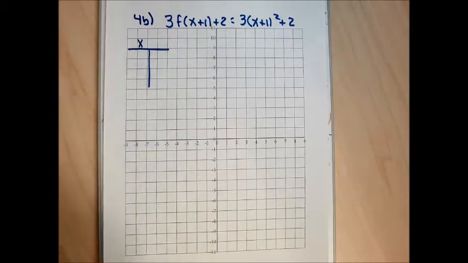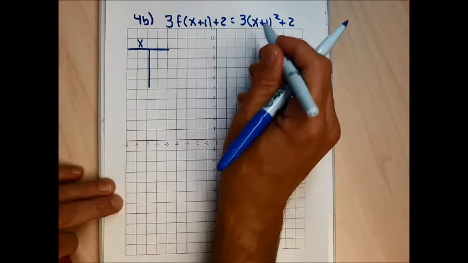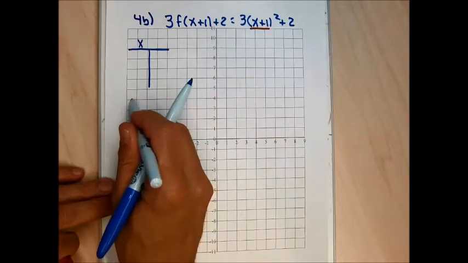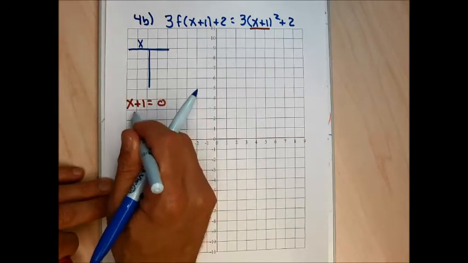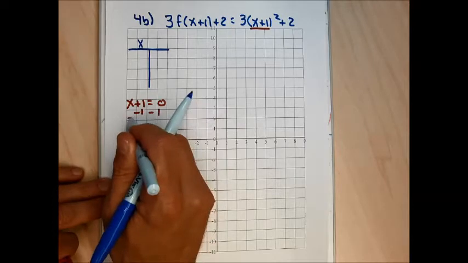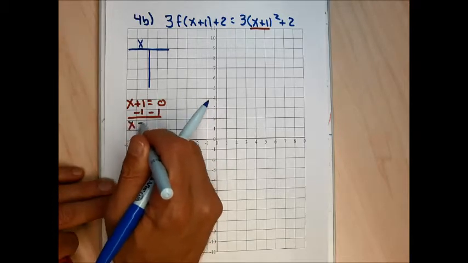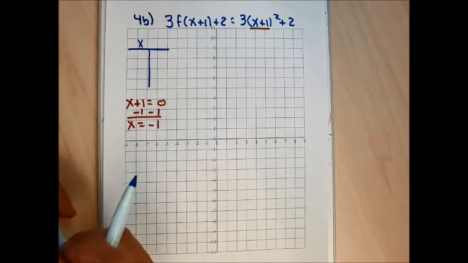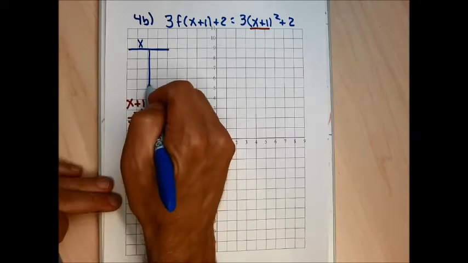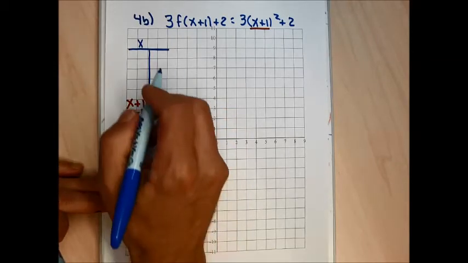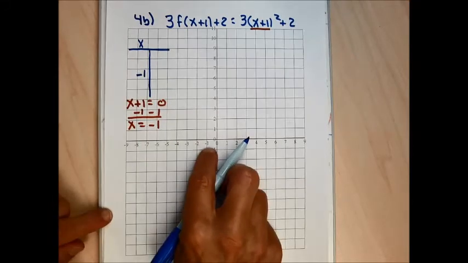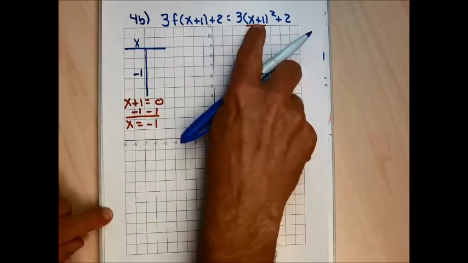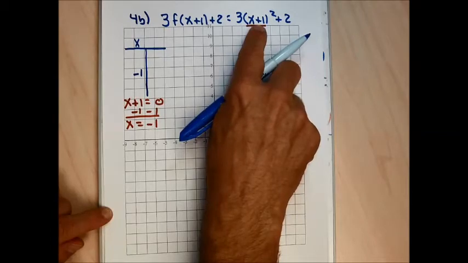To figure out my x column, what I'm going to do is take the inside of the parentheses, set it equal to 0, and solve for x. This algebra will give me a real nice foundation for my table. What I'm going to do is take this -1 and put it in the middle of my x column, because that's what I get when I solve the inside of the parentheses equal to 0.